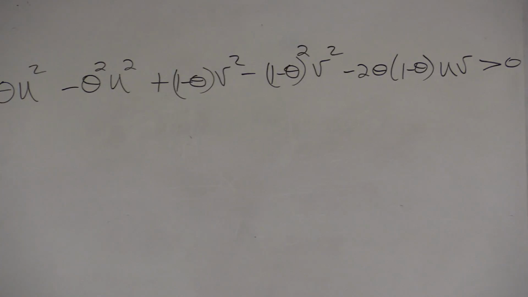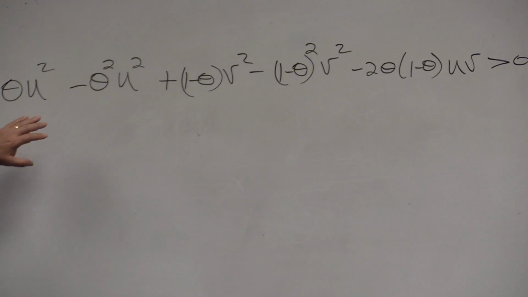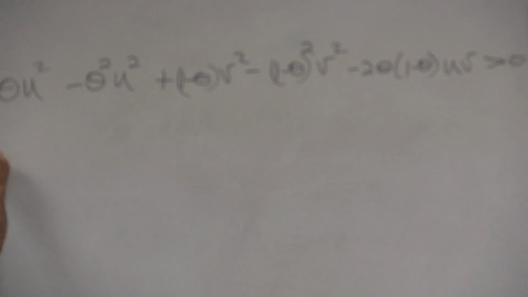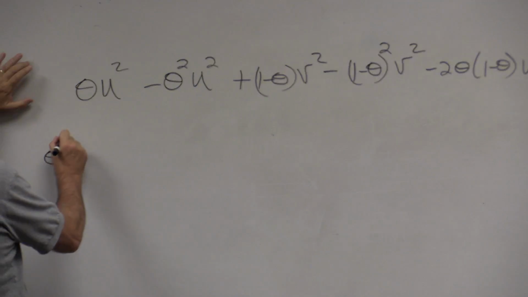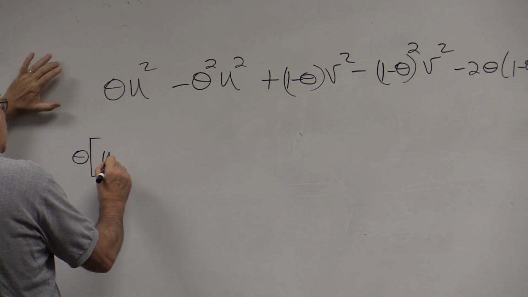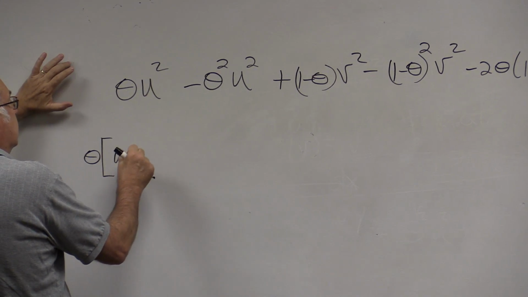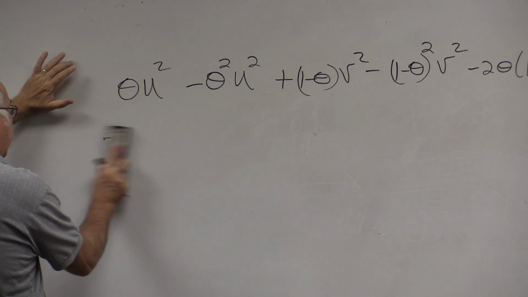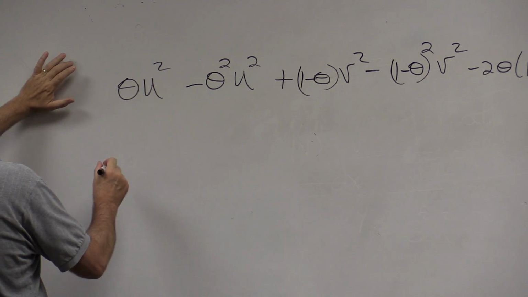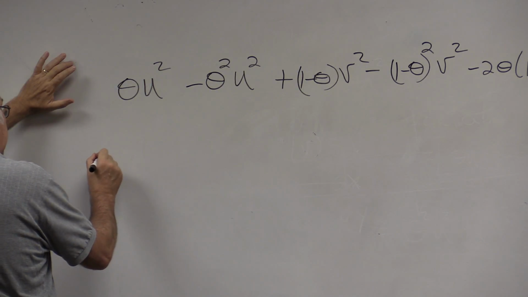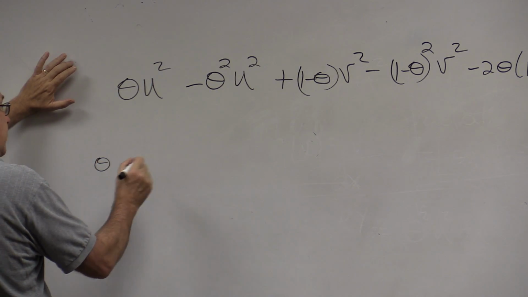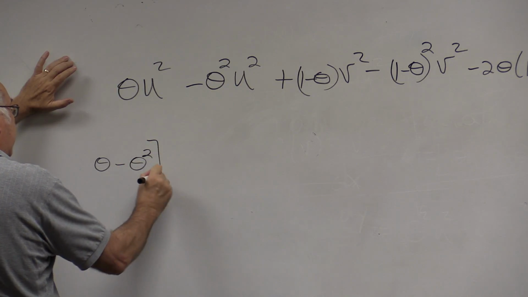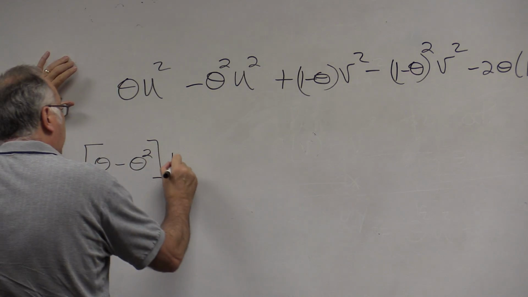So what we can do next is factor out the u squared. I'll write it this way: theta minus theta squared, in brackets, times u squared.